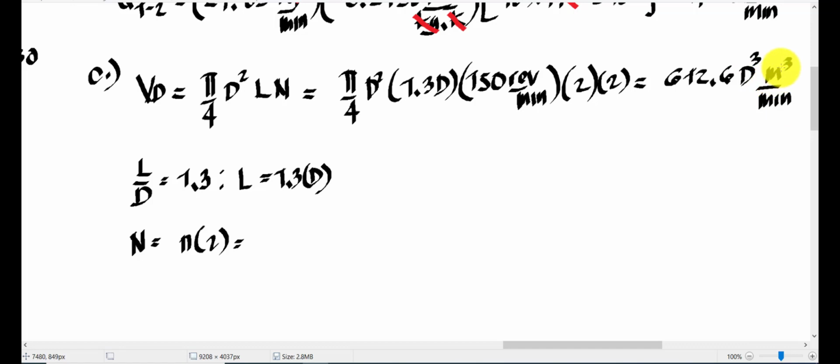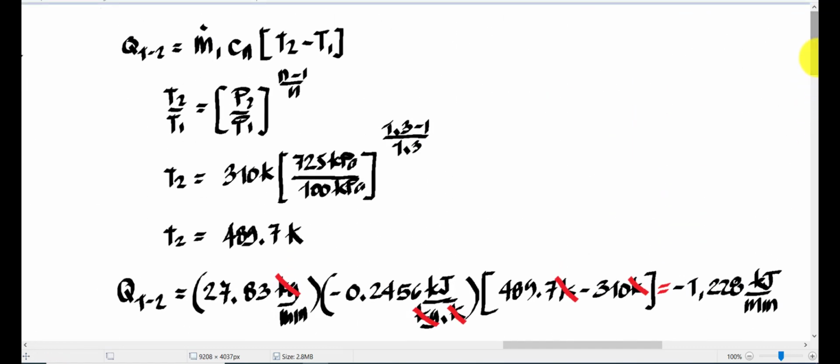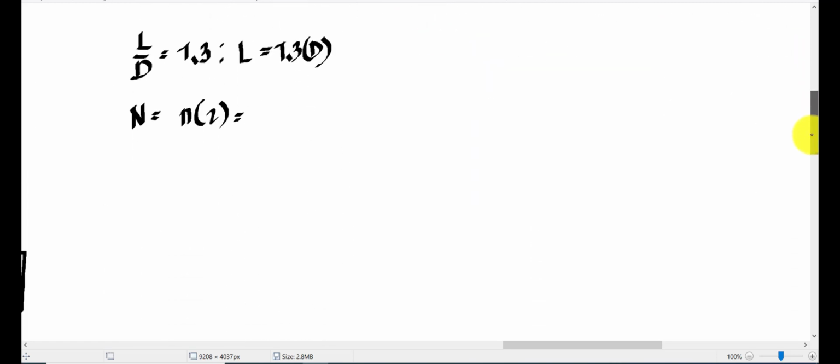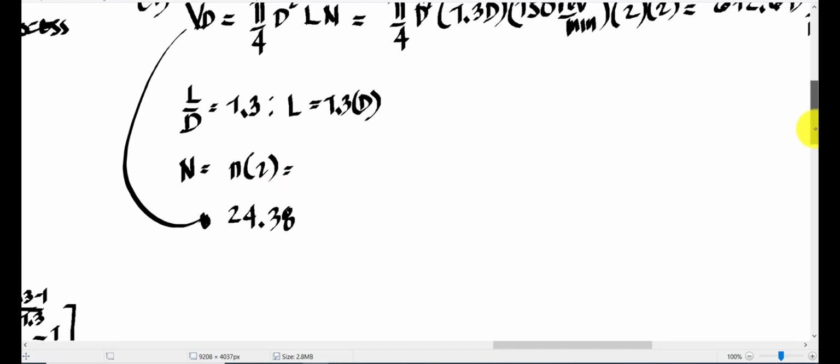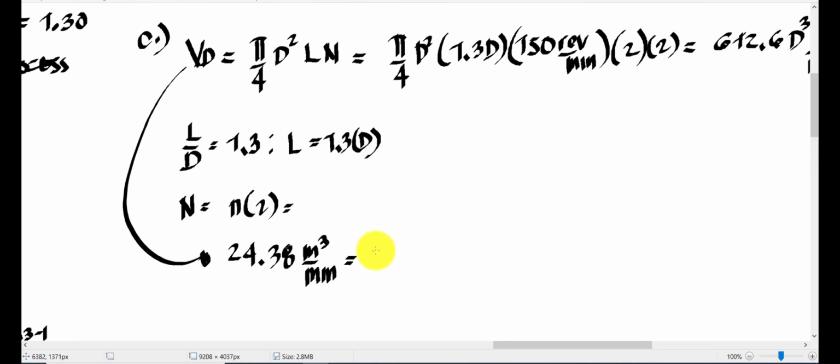So now, from the problem, we also have the value of your volume displaced. So our volume displaced will be 24.38 cubic meter per minute. So it is equal now to 612.6 D cubed cubic meter per minute also.